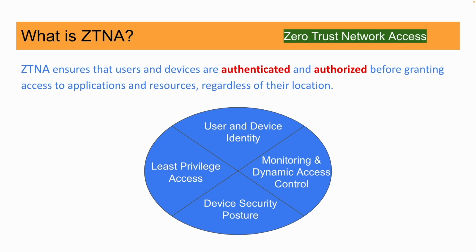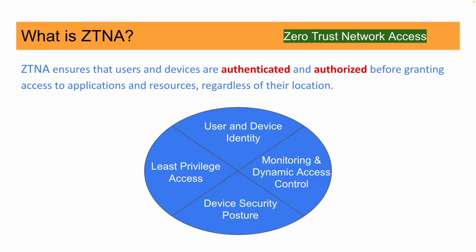Next is least privileged access, in which it checks whether the user is authorized to access the application or not. The fourth factor is monitoring and dynamic access control, which means real-time monitoring and adjusting access based on changes in the risk levels.